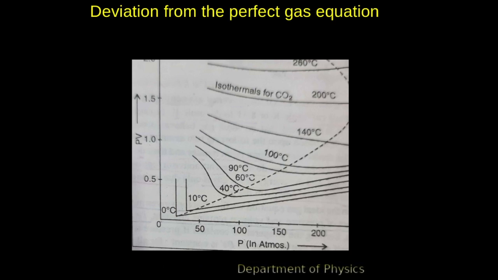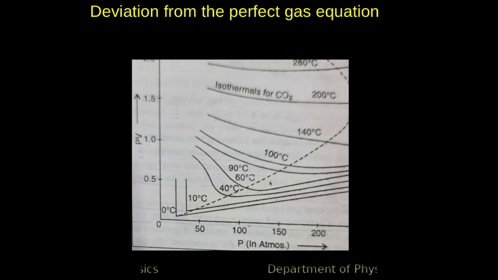At a particular temperature, the PV curve becomes parallel to the pressure axis. This temperature depends upon the gas and is called Boyle's temperature for the gas. At this temperature, the gas obeys Boyle's law.